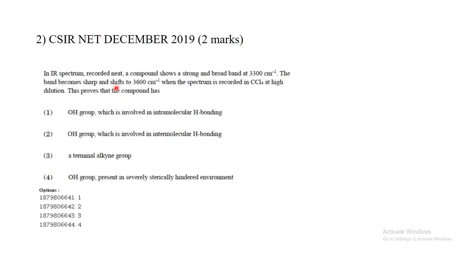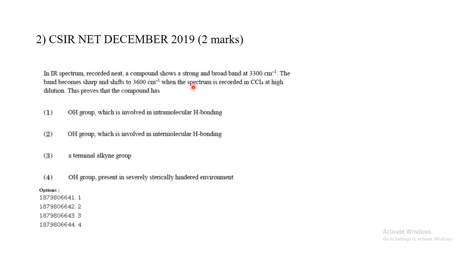So if we go to the question, it is given that the compound shows a strong and broad band at 3300 cm inverse. So this is the broad band for the hydrogen bonded OH stretching frequency.